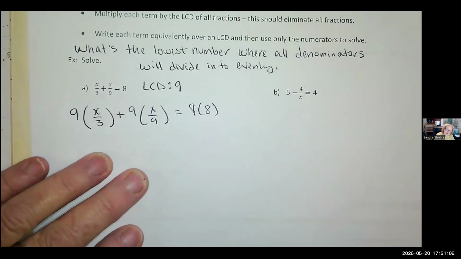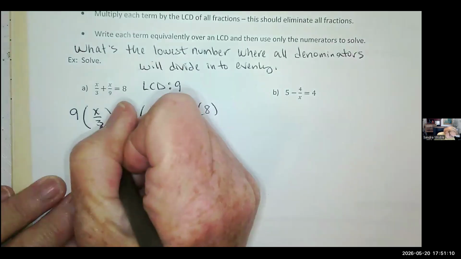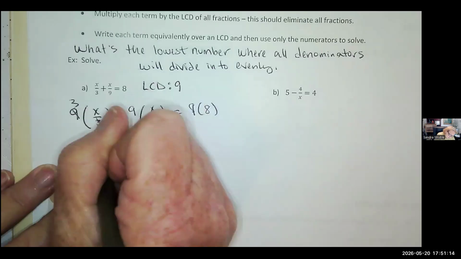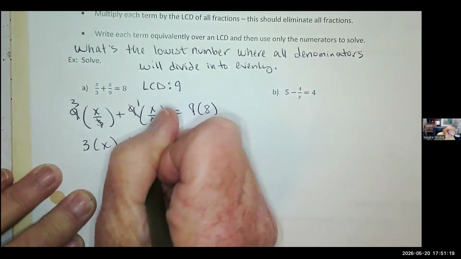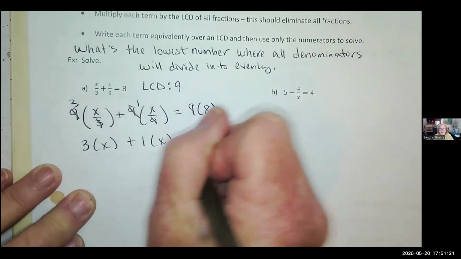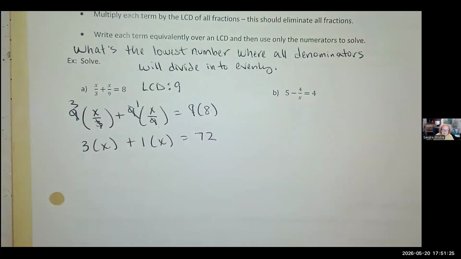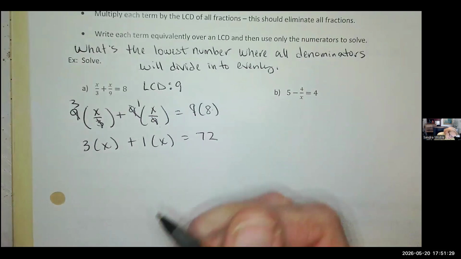9 divided by 3 is what? 3. So you're left with 3 times x. 9 divided by 9 is 1 times x. 9 times 8 is 72. Fractions are gone. Booyah. Now, let's go ahead and multiply and solve for x. 3 times x is 3x. 1 times x is 1x.